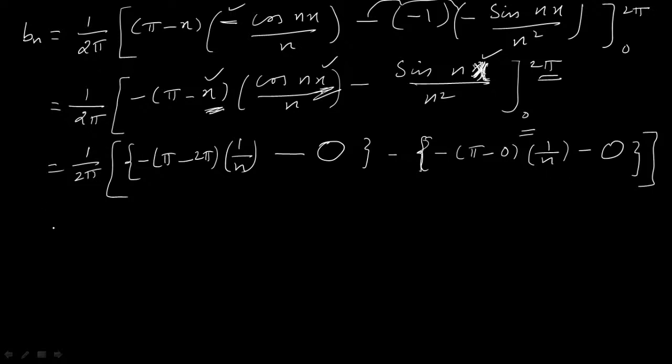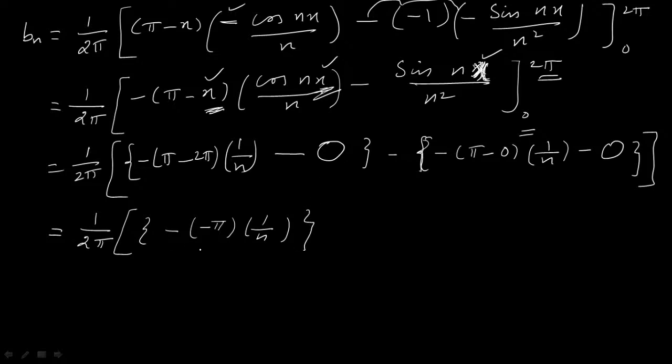Now simplifying this, what you get? That is what we are going to see. So 1 by 2 pi of minus pi minus 2 pi is minus pi. Am I right? Of 1 by n. Minus 0, you just leave this term.